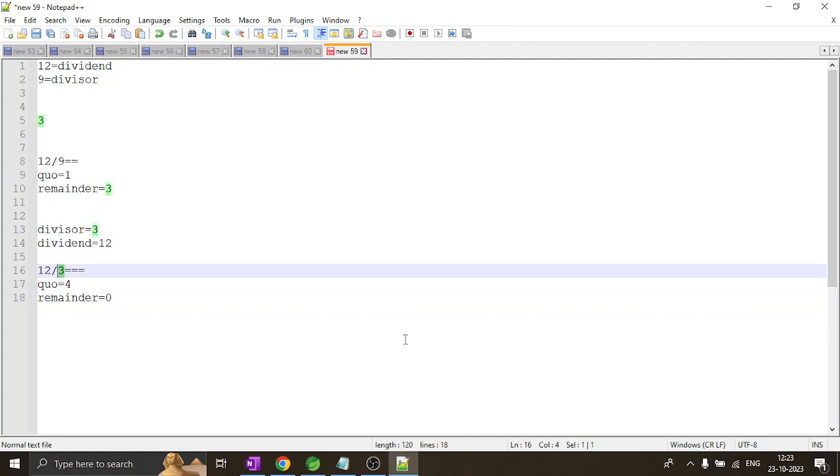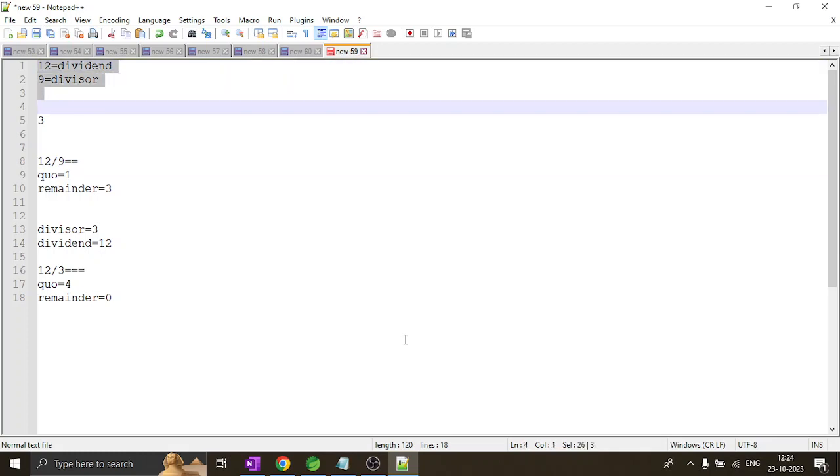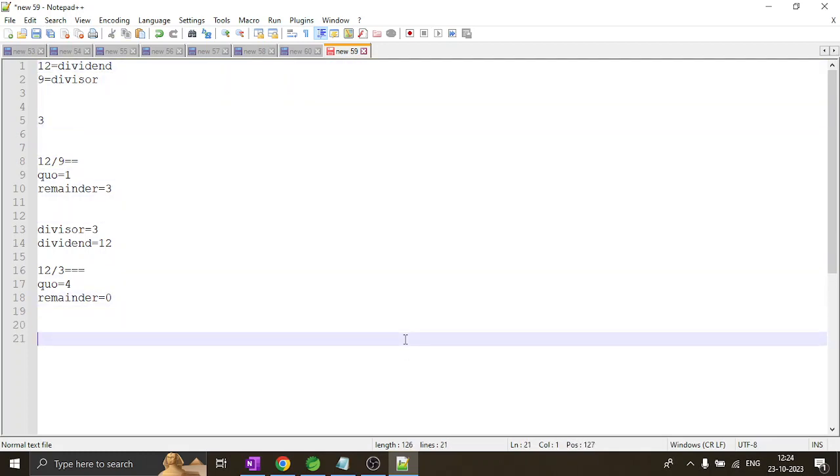So the GCD for 12 and 9 will be 3, because 3 is the number which completely divides 12 and 9. And how will we find the LCM? We have a property in maths which says LCM times GCD is equal to num1 times num2. We know all these parameters, so we can easily find the LCM from these.